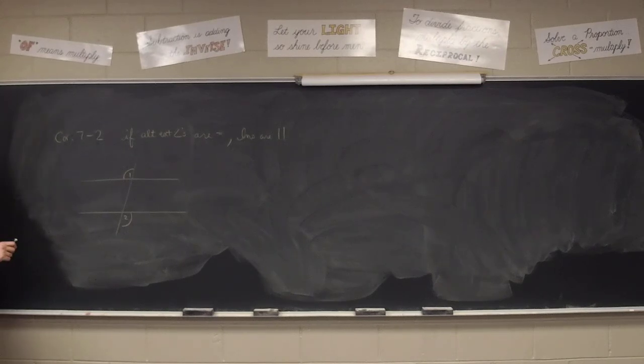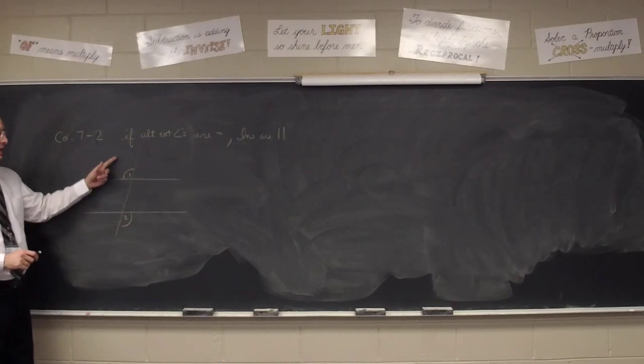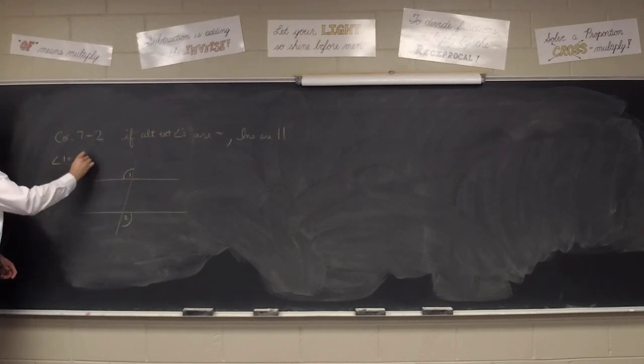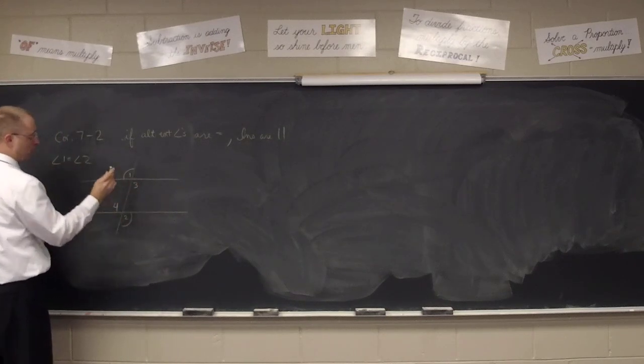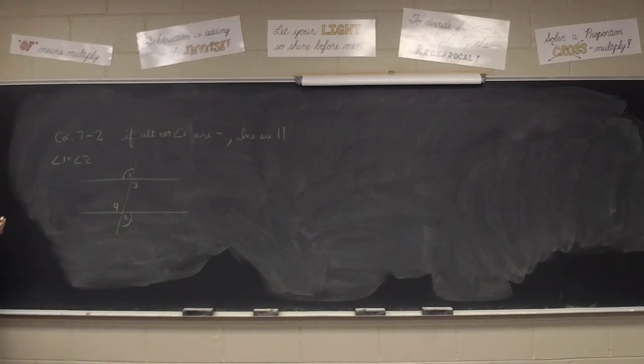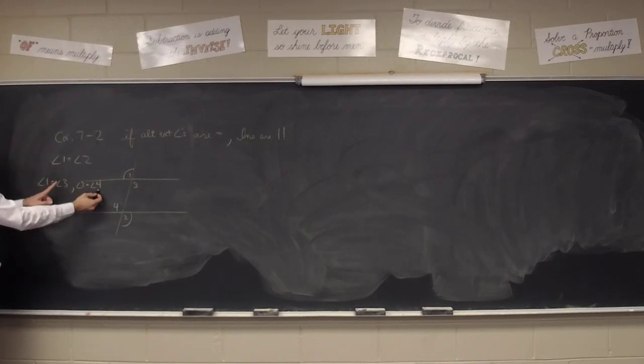Stay with me. So we got these two alternate exterior angles. We're told they're equal, right? Well, let's call this angle 3. Let's call this angle 4. Thoughts on 1 and 3, class? They're equal. Vertical angles. Thoughts on 2 and 4, class? Equal. Very equal. So angle 4 and angle 3 are equal to equals.